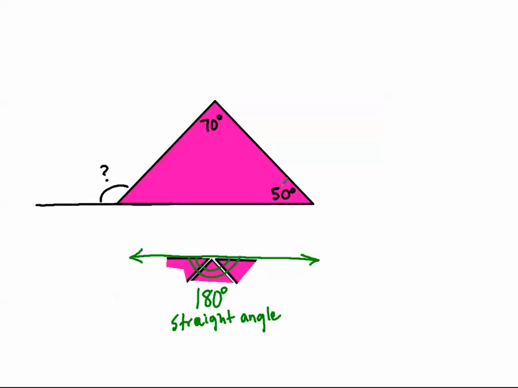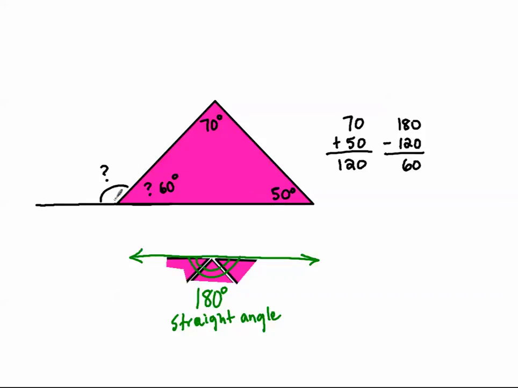So if I know these two angles are 70 and 50, and I need to find this one right here, let's add up 70 plus 50. We get how much? Now, to find that missing angle measure, remember all three angles add up to 180 degrees. So 180 minus 120 gives me 60. So that means this angle is 60 degrees.